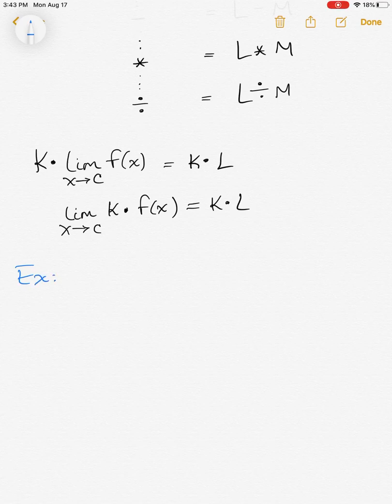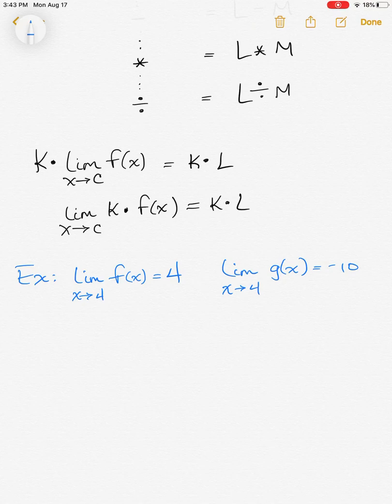We have the limit as x approaches 4 for the function f of x is 4. Now the limit as x approaches 4 for g of x equals -10.